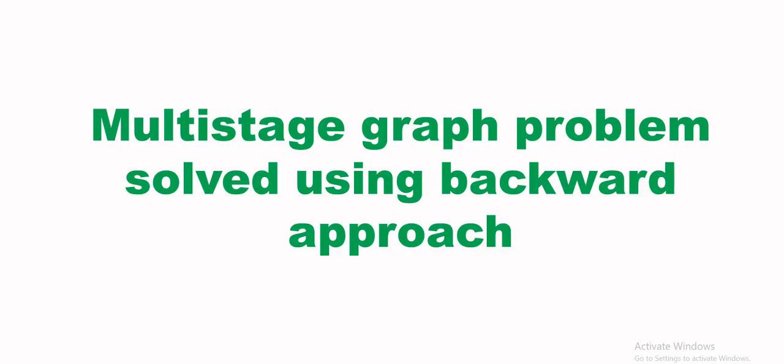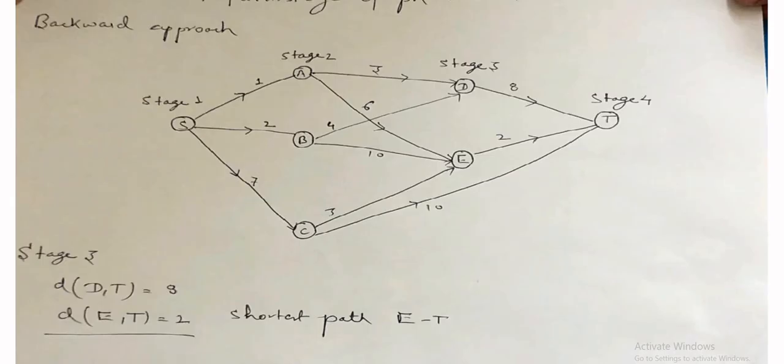Backward approach, the multi-stage graph problem solved using the backward approach in the context of dynamic programming. So this is an example of a multi-stage graph in which there are 6 vertices which are further subdivided into 4 stages: stage 1, stage 2, stage 3 and stage 4. S here simply represents a source vertex, which is a vertex in a multi-stage graph whose in degree is exactly 0, and there is only one such vertex, and it is known as the source.